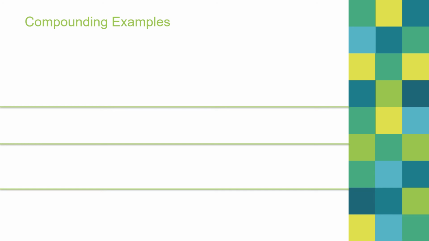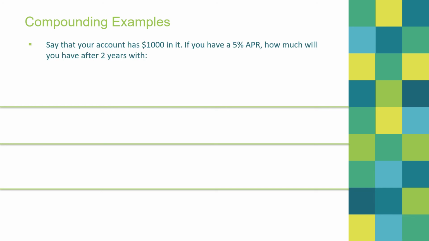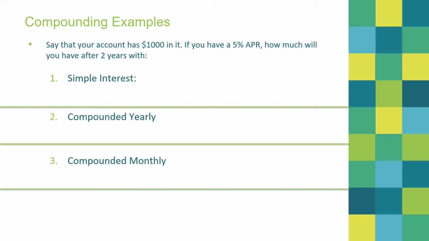So we're going to do an example 4 different ways. Where your account has $1,000, you've got 5% APR, and we'll ask how much are you going to have at the end of the year, or at the end of 2 years. And we have simple interest, compounded yearly, compounded monthly, and finally compounded daily. In the simple interest case, that's 1,000, and we just multiply that by 1 plus the rate times time, and that gets us $1,100.